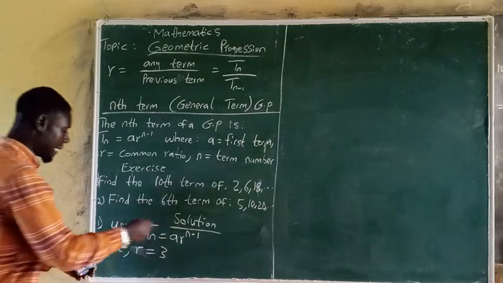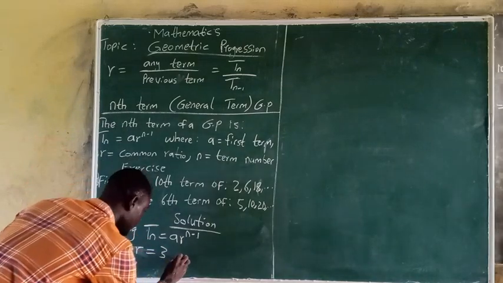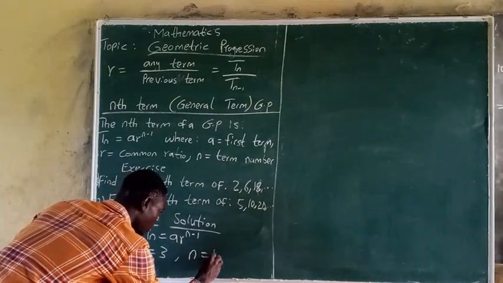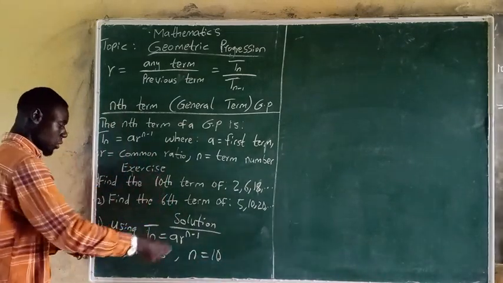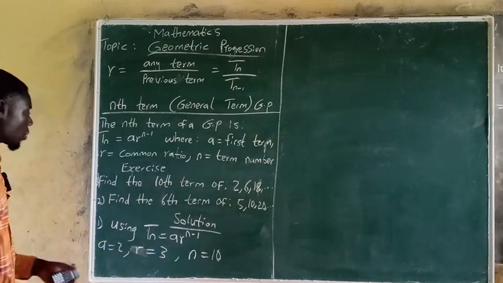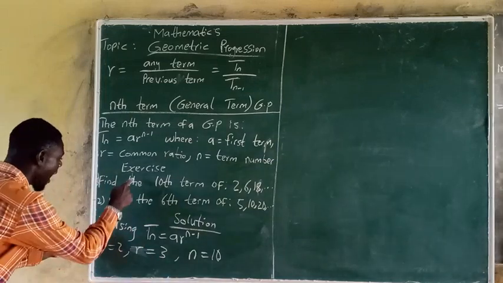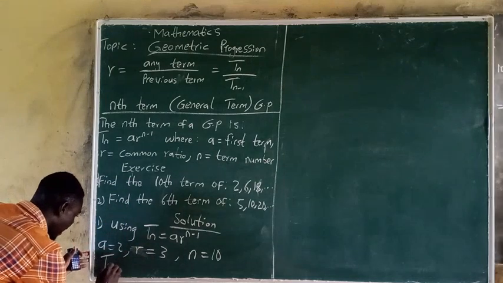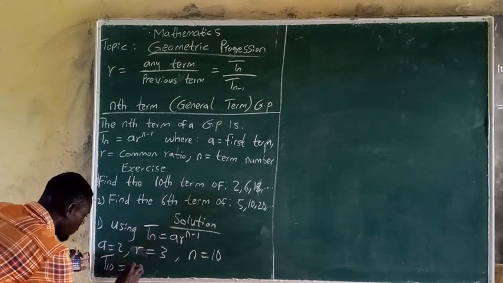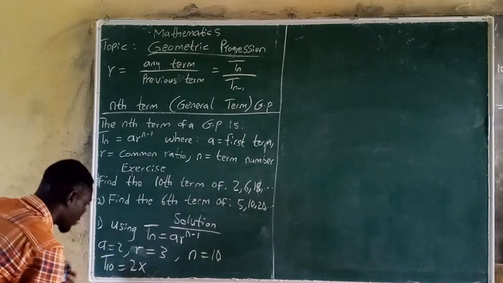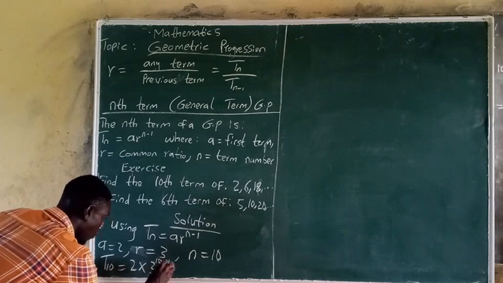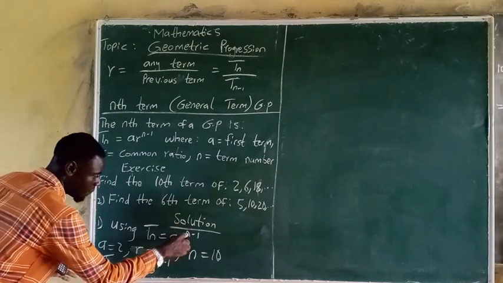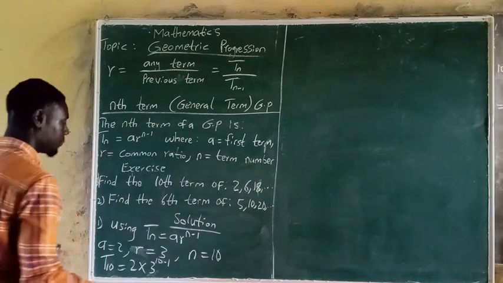And our n is equal to 10 because of what was asked in the question. Let us substitute these values into the formula. We have t sub 10 is equal to 2 times 3 raised to the power of 10 minus 1.